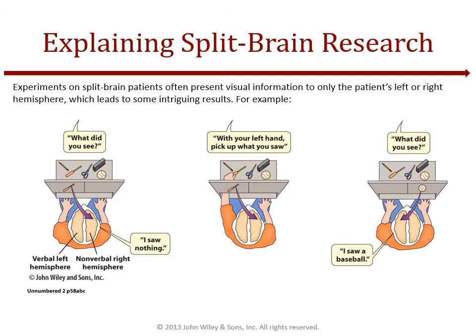All right, so let's talk a little bit about split brain research. The primary connection between the two cerebral hemispheres is a thick ribbon-like band of nerve fibers under the cortex, called the corpus callosum. In some rare cases, like severe epilepsy, where other forms of treatment had failed, surgeons would cut the corpus callosum to stop the spread of epileptic seizures from one hemisphere to the other.